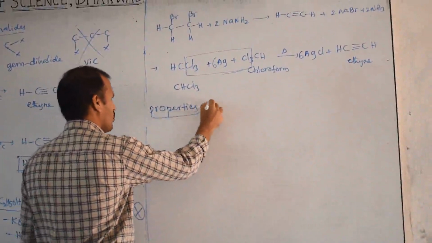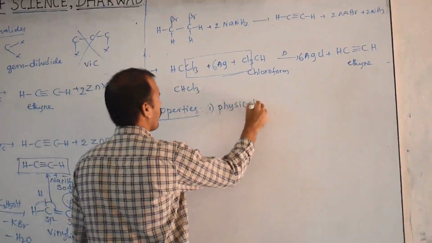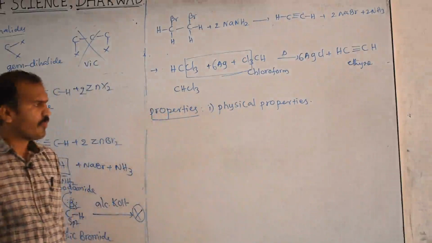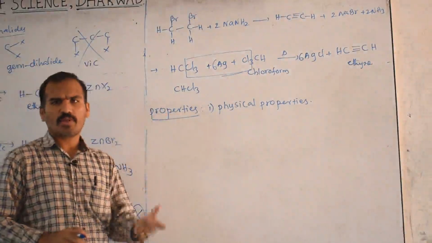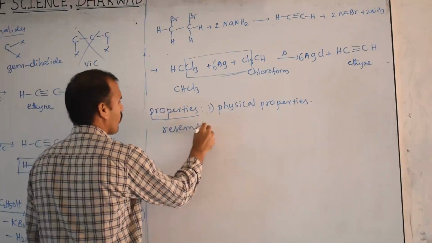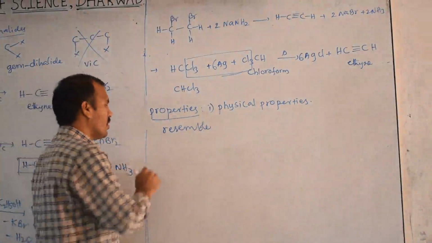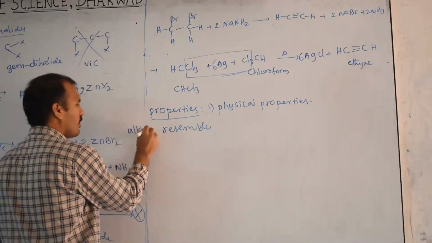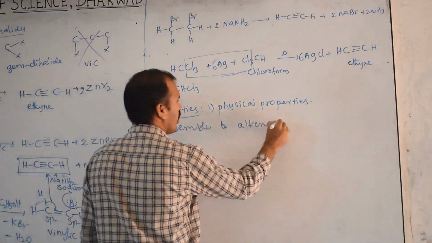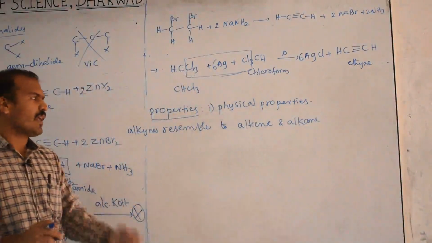In properties, the first one is physical properties. In the physical properties, alkynes resemble alkene and alkane. Resembles meaning, here we are discussing the alkyne chapter, therefore only alkyne is considered. Otherwise I will write here: alkynes resemble alkene and alkane. Not exactly, it follows the trend.